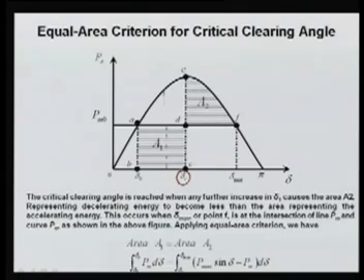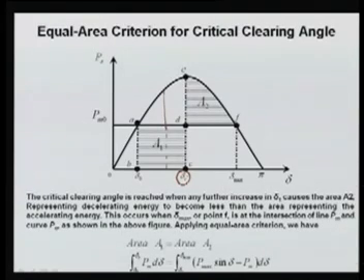So this complete area is always larger than A1. We can say our accelerating power will always be less than your decelerating power, so the system will be stable. Determining this critical clearing time is very, very important.